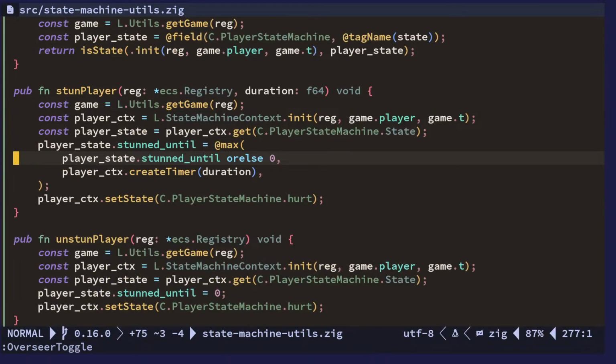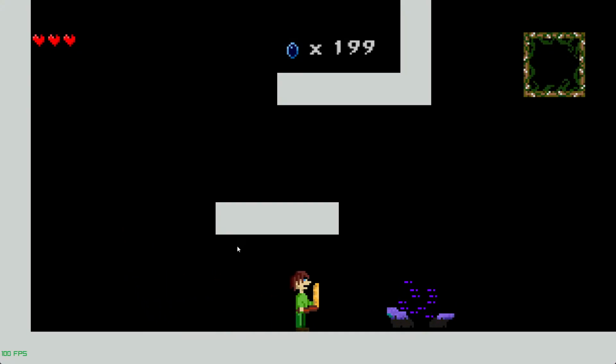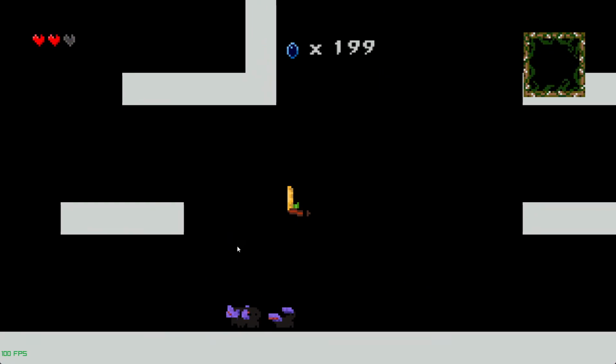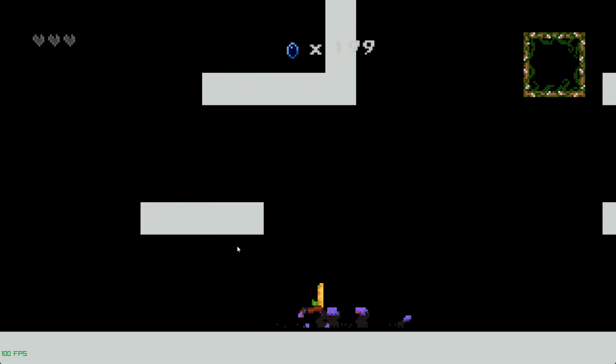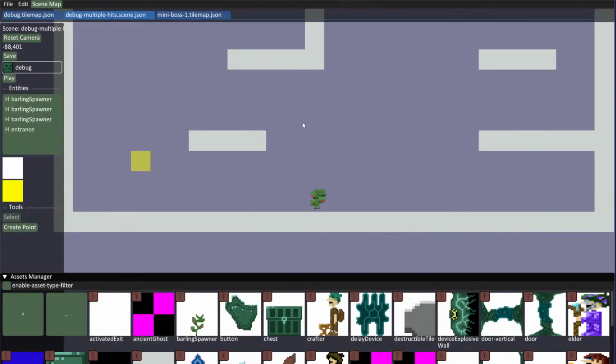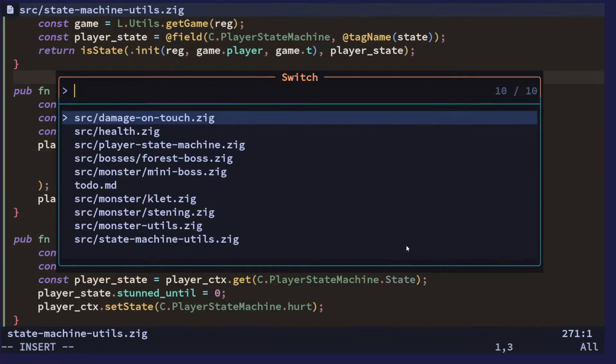Yeah, so we built the game, so we can go in here, our debug map, and test this out now. There we go. Now we can only get hit once. Although the problem though is that this only applies to damage on touch. So it's like if we have multiple systems that apply some kind of hurt effect.